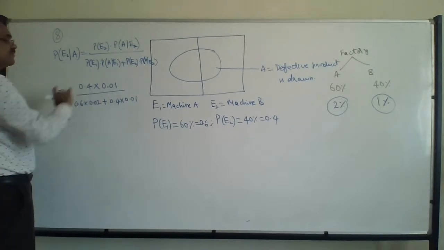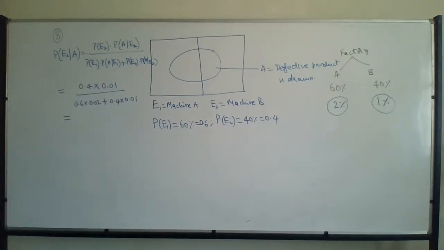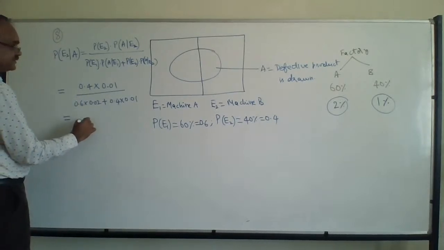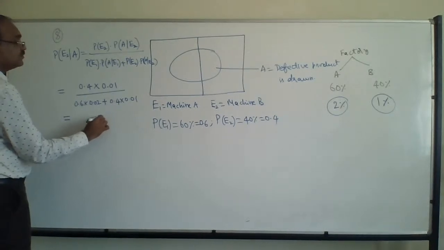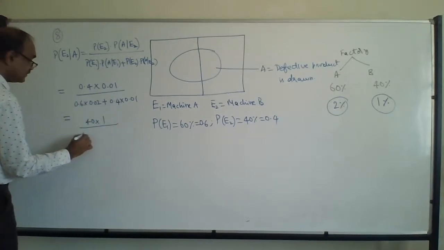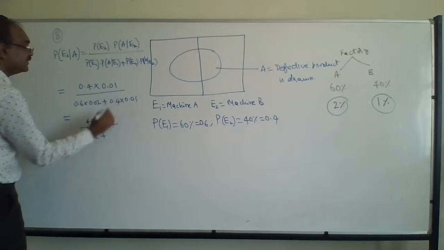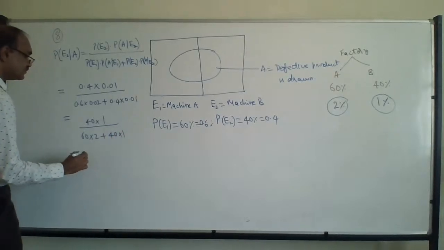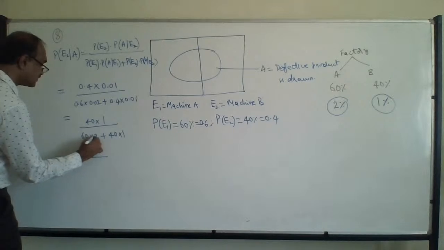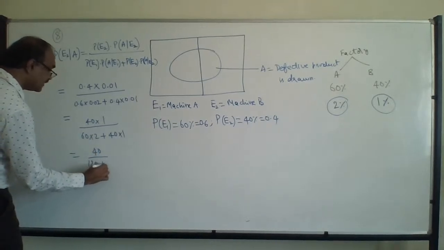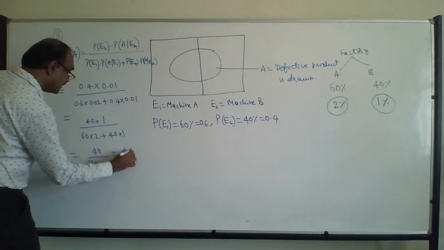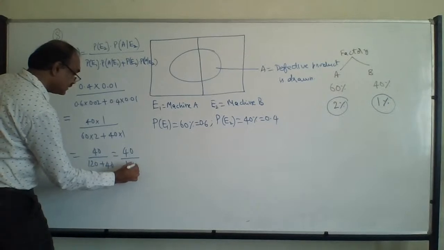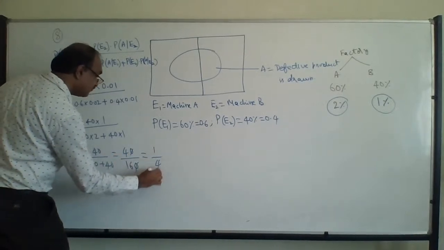You could have put this in terms of percentages also if you want. Here it is 40%, right? 40% into 1% divided by 60% into 2%, plus 40% into 1%. So it comes to 40 divided by 60 into 2, 120, plus 40. That is 40 divided by 160. 0, 0 gets cancelled. 1 by 4.